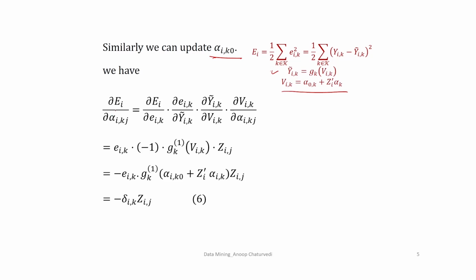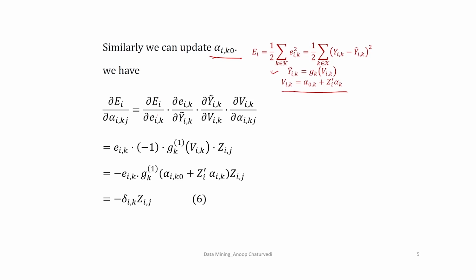So, using the chain rule, you can write it as ∂E_i/∂e_ik, then ∂e_ik/∂ỹ_ik, into ∂ỹ_ik/∂v_ik, and then ∂v_ik/∂α_ikj.